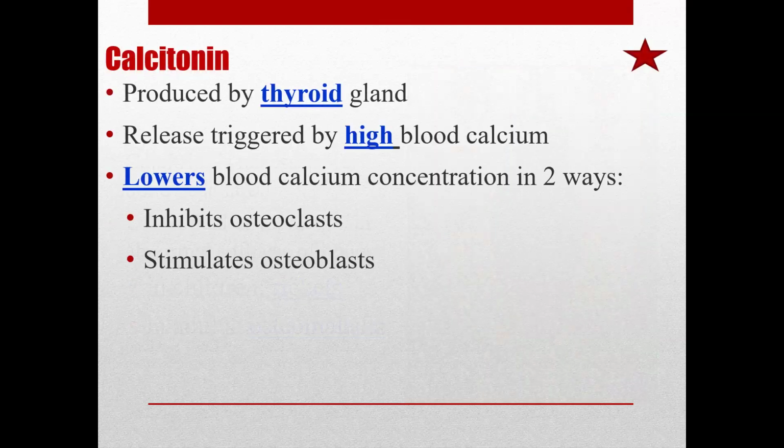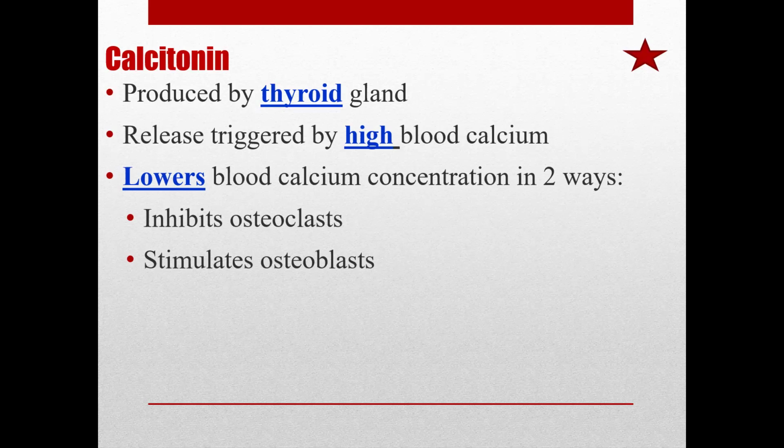Okay, calcitonin is produced in the thyroid. It's responsible for lowering the levels of calcium by stimulating osteoblasts. What do osteoblasts do? They grow bone, right? Remember how we started with our bone cells?